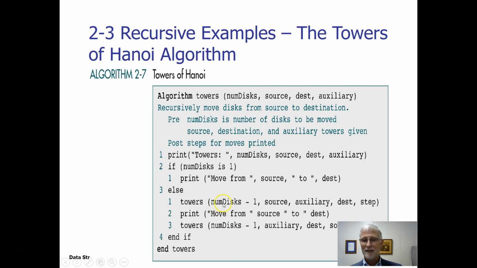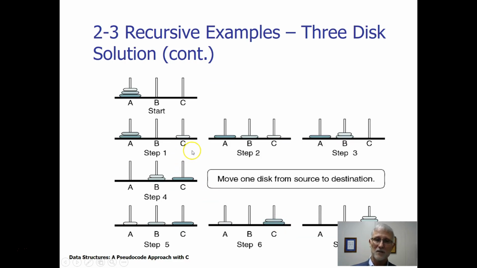So I'll do the number of disks. Here's my source, auxiliary, destination, and step. I'm going to move from source to destination, and then I'm going to move back. So you did source to auxiliary to destination. Now I'm going to do auxiliary to destination to source. So I'm going to rotate how we're doing this.